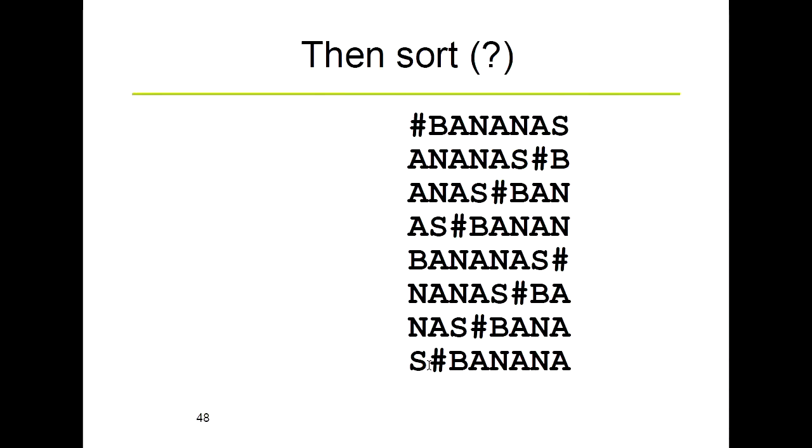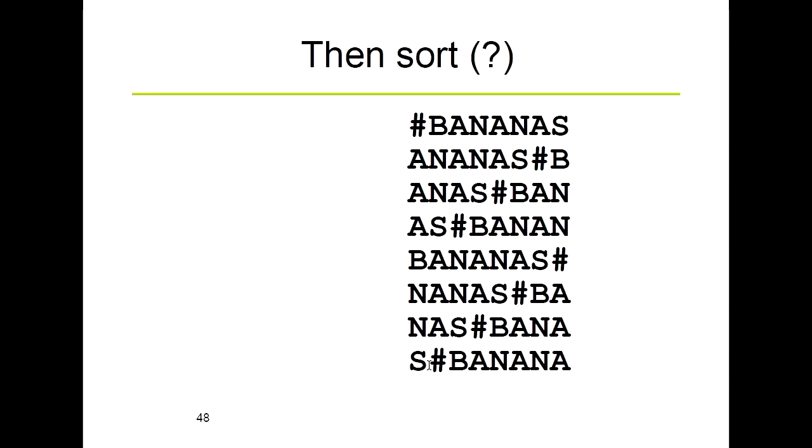Wait, but after you sort all these columns, how do you make sure that the last column is still the original BWT? Is it the BWT though? How do you get a BWT? All the rotations, sort them, the last column is a BWT. So what's the difference here? All of them are the rotations, I sort them. The last column is a BWT.